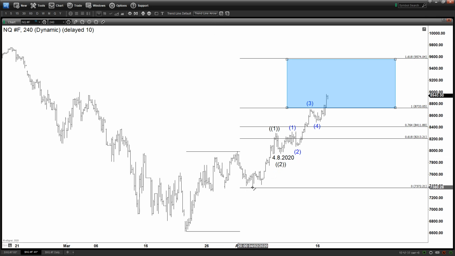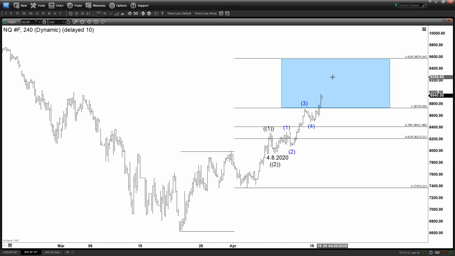And if we can continue to go up all the way to 95.74, that actually increases the risk that this becomes a 1 2, and then the entire move is just a wave 3.